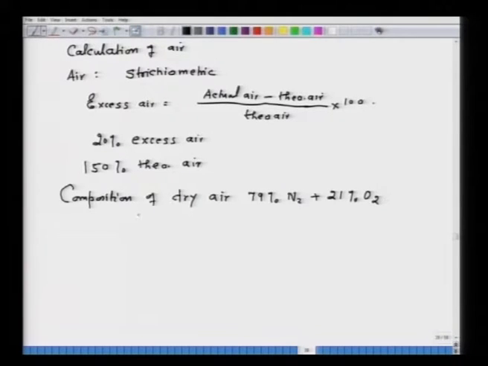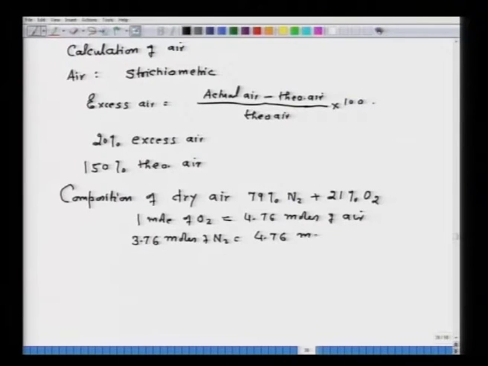So, 1 mole of O2 is equal to 4.76 moles of air, or 3.76 moles of nitrogen is equal to 4.76 moles of air, whichever way you want to understand.